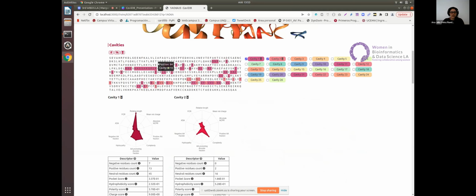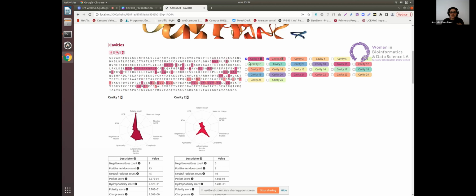So the criteria that we are using for selecting the cavities as druggable is related with the software that we are using, fpocket, which allows you to know if it is a druggable or probably druggable cavity or not.